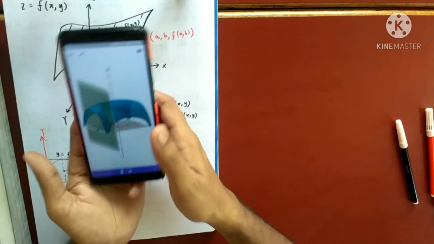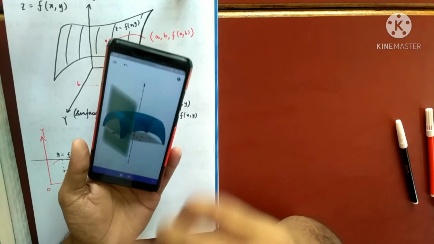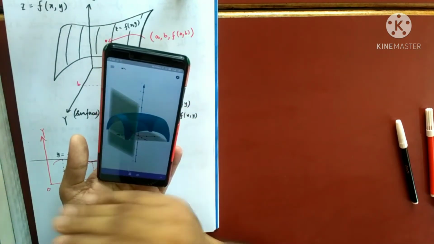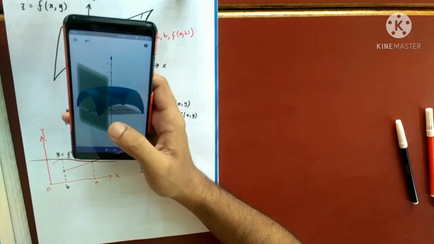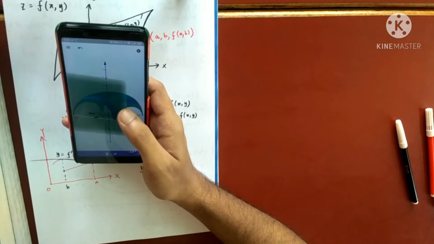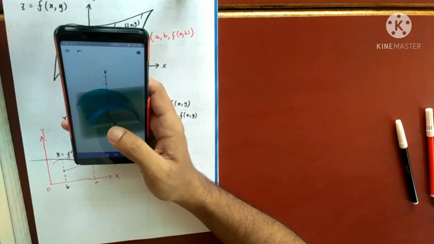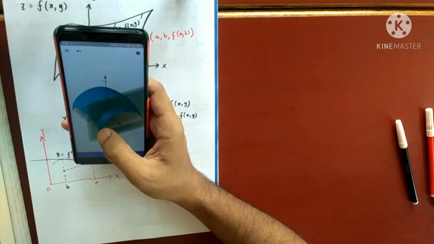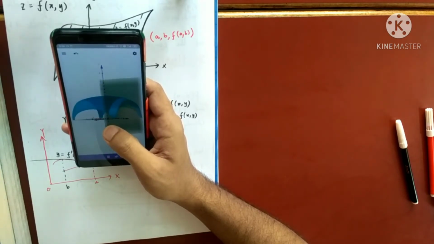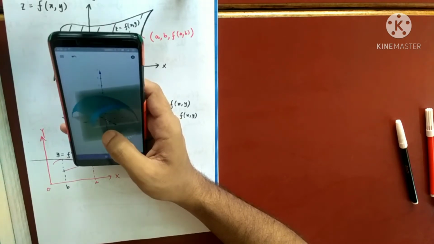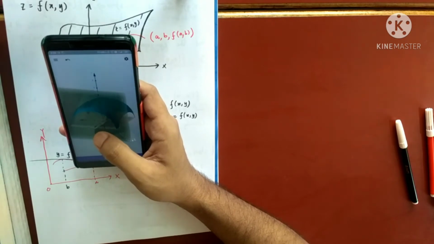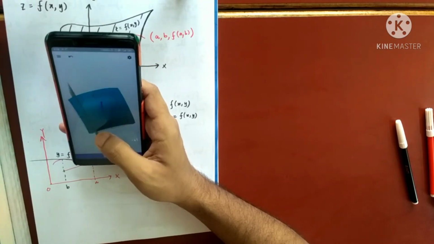As you can see, the curve which is the intersection of this plane and this blue surface. Can you see the intersection of this green plane y equals 2 and this blue surface? Can you see a curve that is more or less like a circle or a semicircle? That intersection curve is what I want.